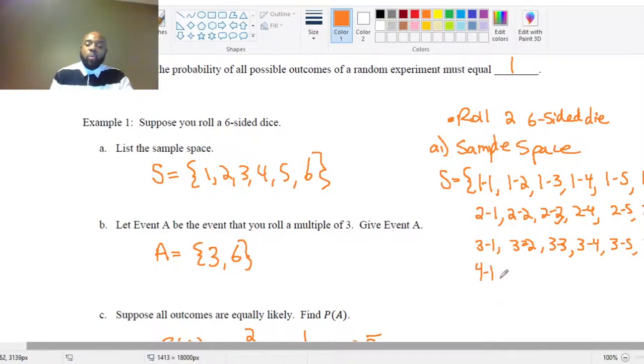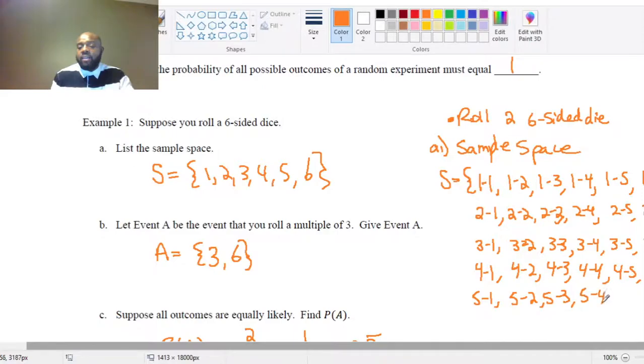Then I can do a 4, 1, 4, 2, 4, 3, 4, 4, 4, 5, and 4, 6. And we will continue because it's 6 sides, and so we get all combinations of the numbers 1 through 6 paired with each other.